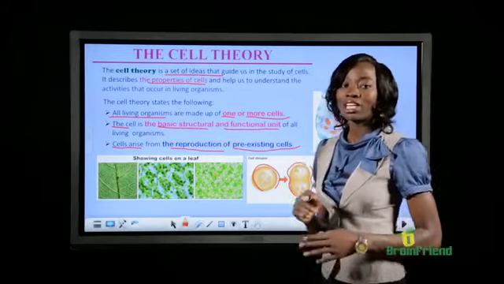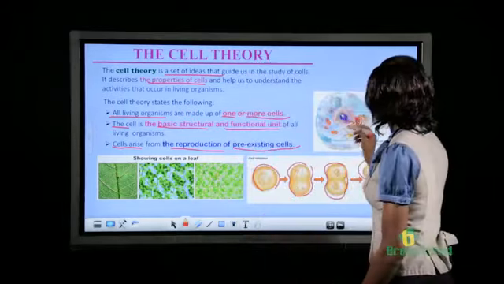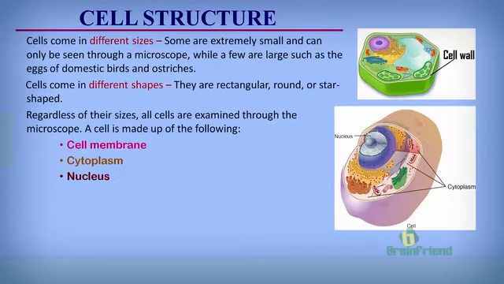These three German scientists also discovered that a cell comprises several structures in it. They were able to see these structures with the aid of their better, more advanced microscope. And in this lesson, we'll be looking at the structure of a cell and the different items or organelles found within the cell. This brings us to the next point, the cell structure.